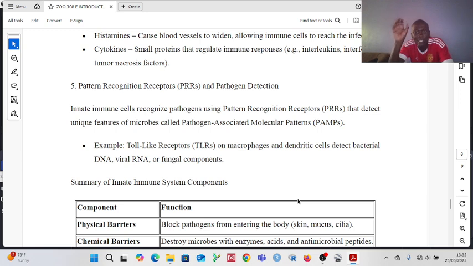Once wakiona hiyo, wanajua this is a pathogen. Okay. So the PAMPs ni kama an identifier, something that identifies pathogens. So the innate immune cells look out for that pattern. Once they see that pattern, then wanajua this is a pathogen. Then now they have to attack that pathogen.